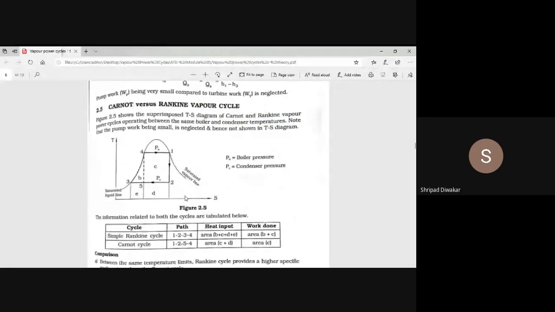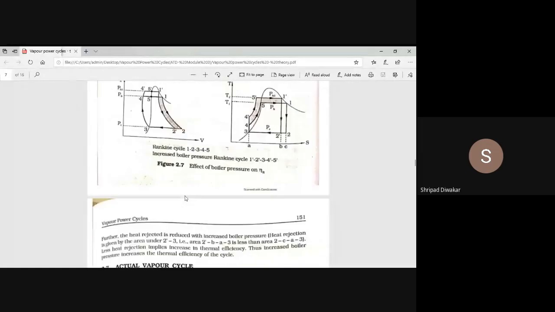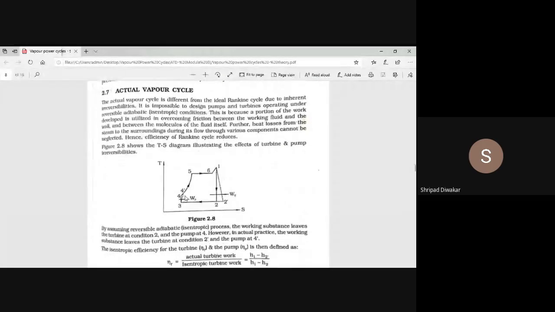Okay, and in today's class, I'll explain one important concept called actual vapor power cycle. Whatever we studied till now is the ideal Rankine cycle.